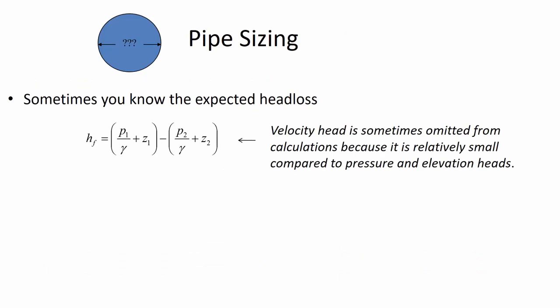Sometimes we need to size pipes based on a known head loss. A known head loss situation could be that we are starting at an elevated water storage tank pressurizing a pipe network, some big Z1. Let's say here is our ground level, and we've got a big water tank.